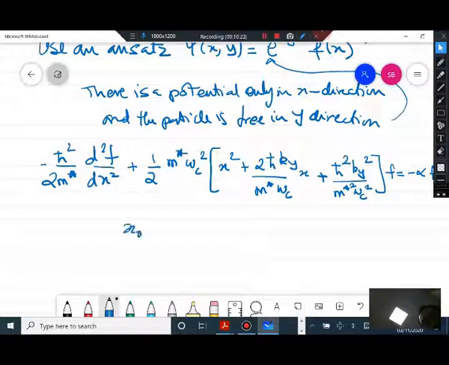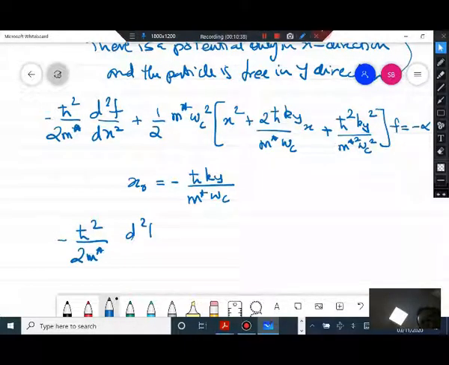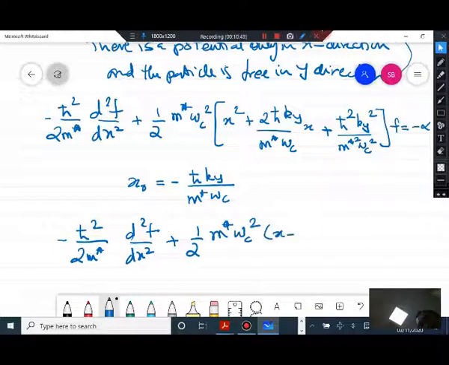Now if you take x naught is equal to minus h cross ky by m star omega c, then the above equation reduces to minus h cross square by 2m star d square f by dx square plus half m star omega c the whole square times x minus x naught the whole square f is equal to minus alpha times f.